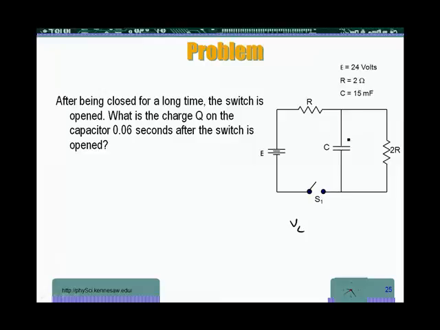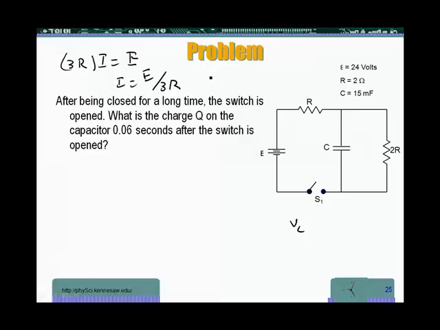When it is fully charged, the only current is going to be through the resistors, and the outer loop is going to give me 3R times I equals E, and I is equal to E over 3R.